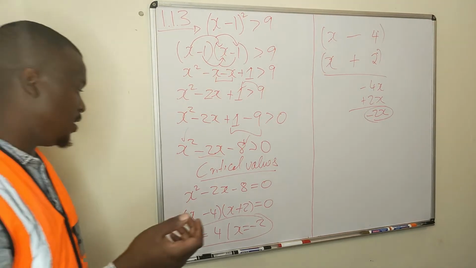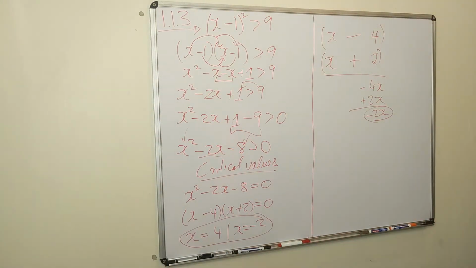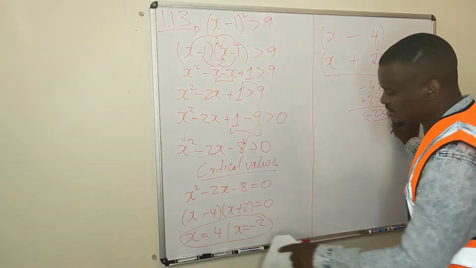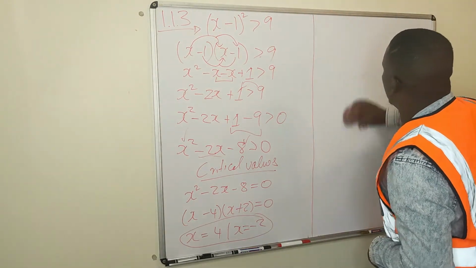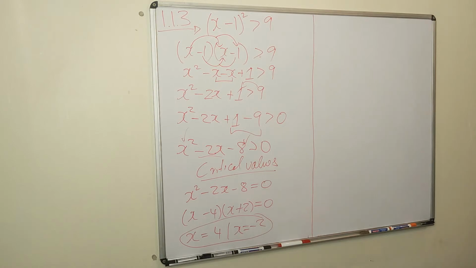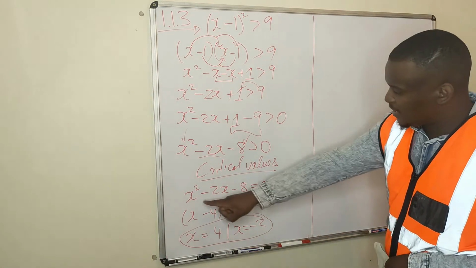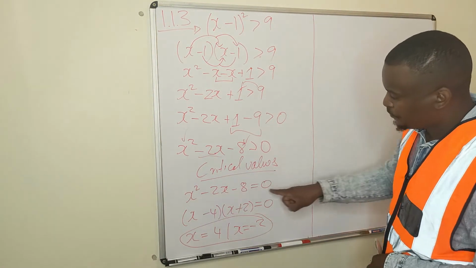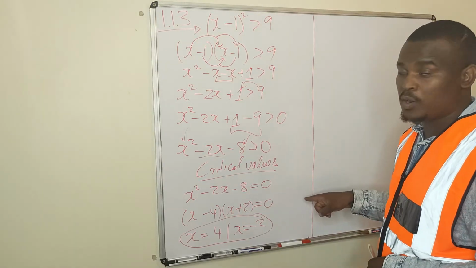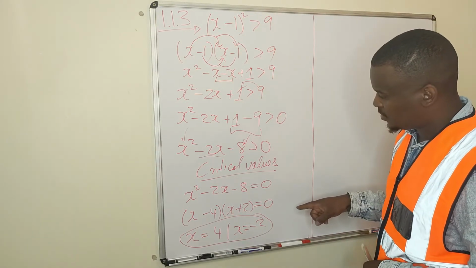That is a rough sketch of how they look. So I'll clean the board and try to draw a rough sketch of those x-intercepts. This is a parabola, or quadratic function.